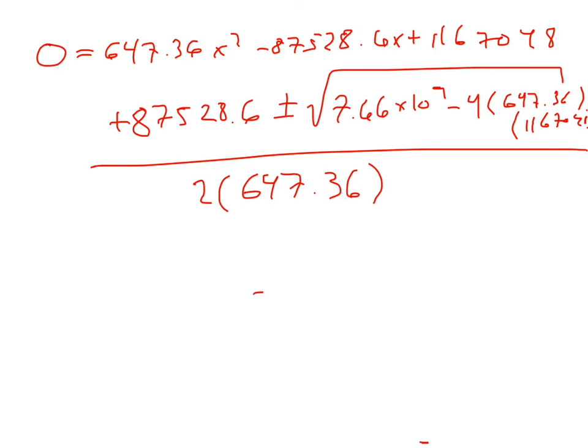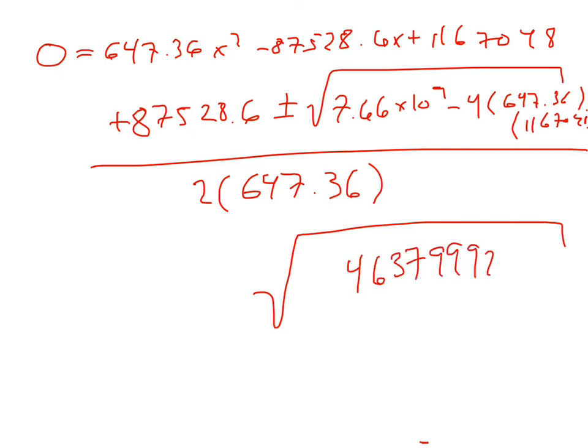Okay, so the square root of, in this case, 7.66 times 10 to the 9th minus 4 times 647.36 times 1167.048. Okay, so we have the square root of 4637.9999227. And I'll go ahead and solve that.